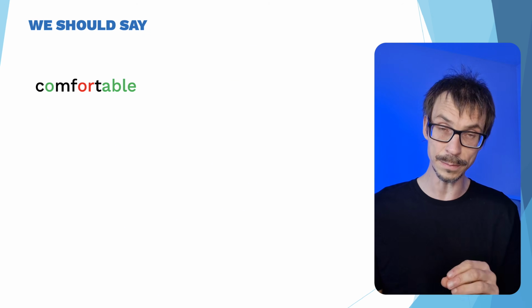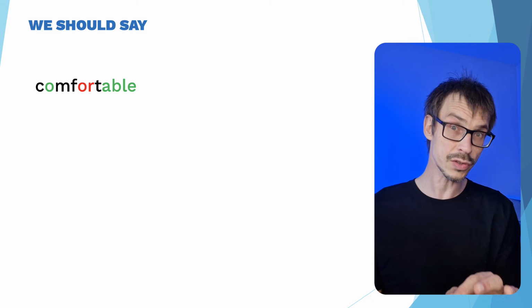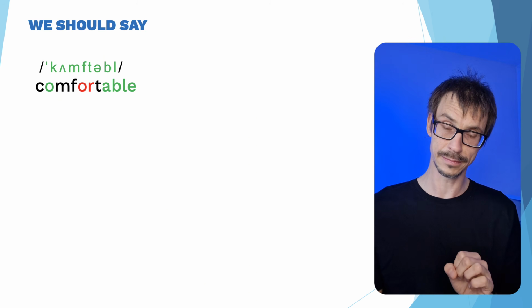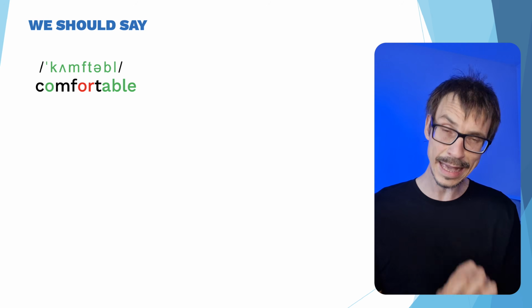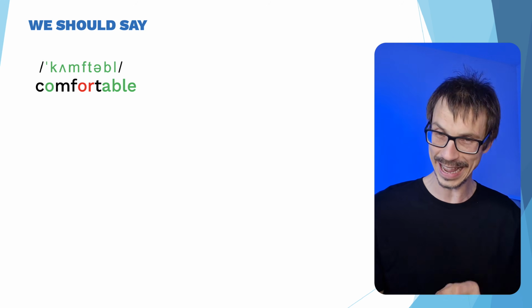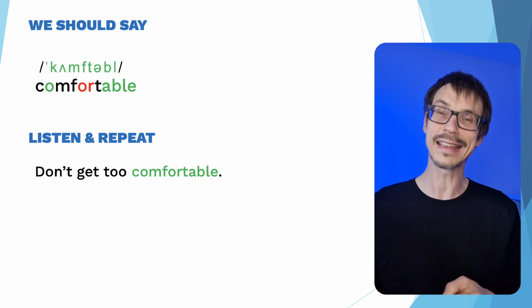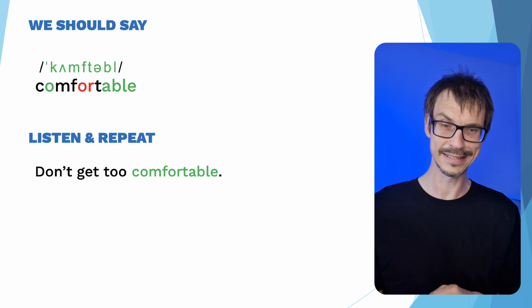It's almost always going to be a bull. So, comfortable. It's a killer word, so let's practice this in some sentences. Have a look first, and then listen and repeat.